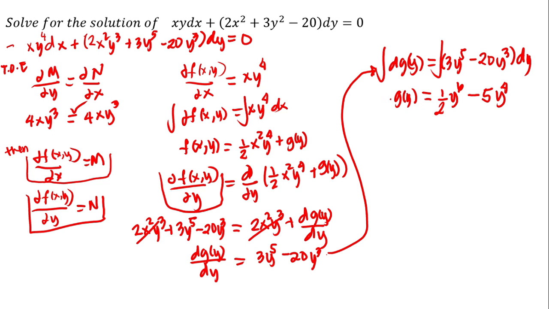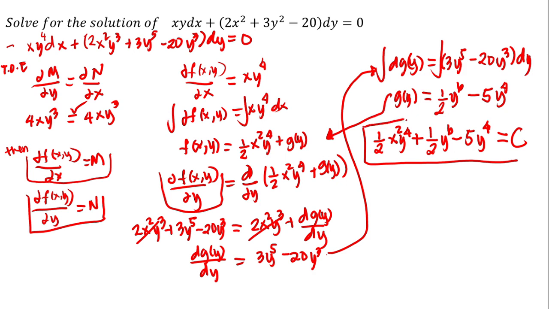So we can now substitute this g of y back into our solution f of xy. So our solution now becomes 1/2 x squared y to the 4th plus the value of our g of y, 1/2 y to the 6 minus 5y to the 4th, equals our arbitrary constant c. So this one is the solution for the given not exact differential equation.